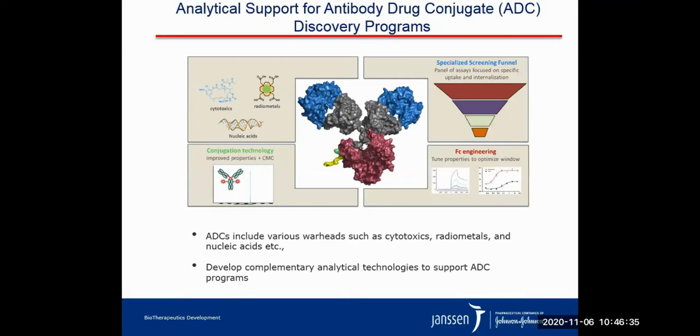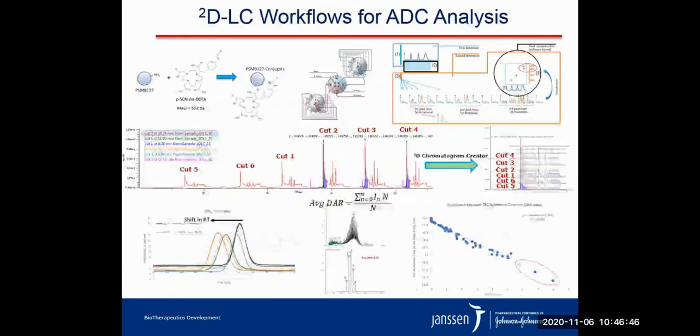In the 3rd case study, we are using SLIM separations to speed up characterization of antibody-drug conjugates, or ADCs. An important parameter of evaluating the conjugation of a small molecule drug to the antibody is the drug-to-antibody ratio, or DAR value. Traditionally, we have obtained DAR values using time-consuming 2D LC-MS analysis.